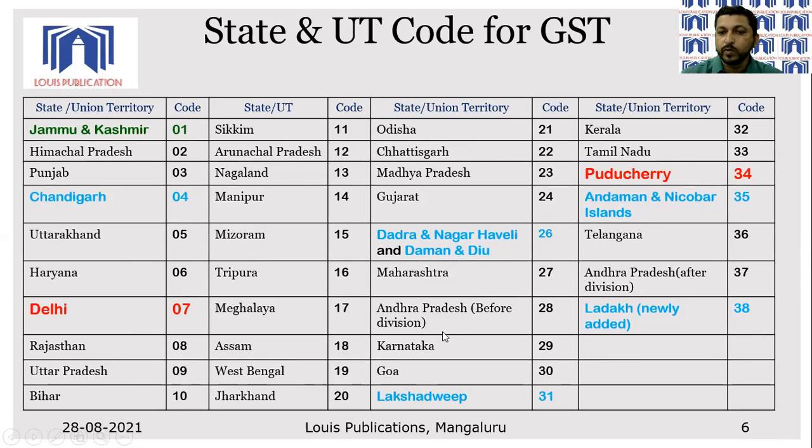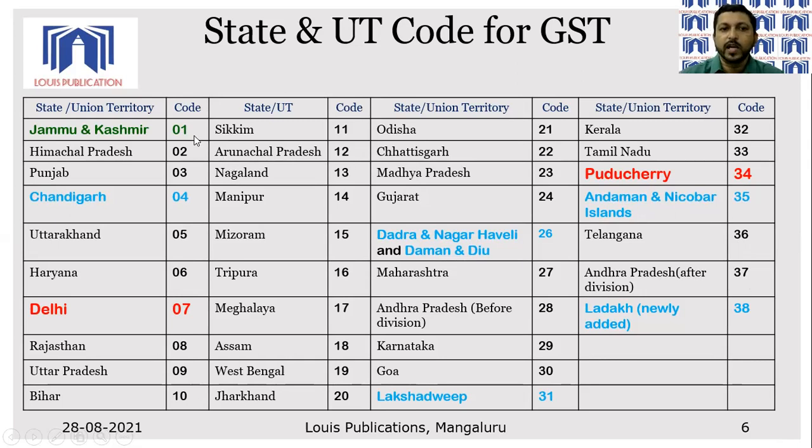Pradesh before division is 28, but after division we have now 37. So very soon this number 28 may go because before partition or before segregation of Andhra Pradesh, it was 28. But after segregation, Telangana has been allotted the state code of 36, and Andhra Pradesh after division is allocated the code 37.